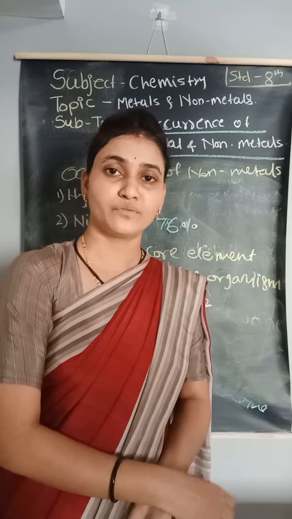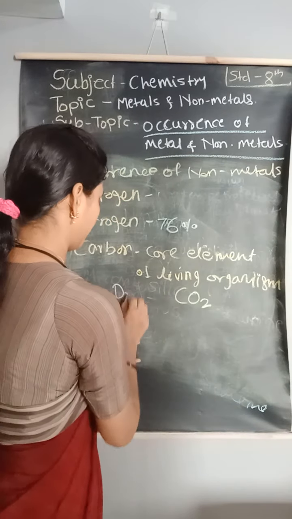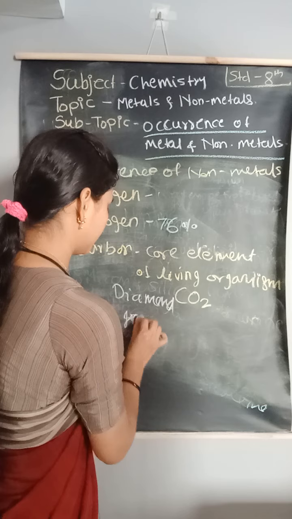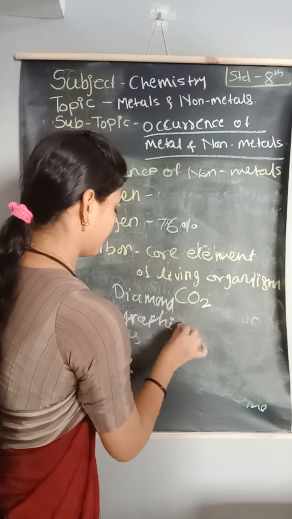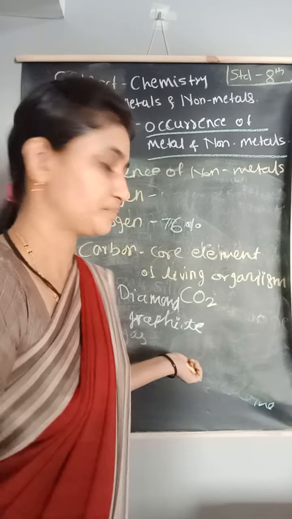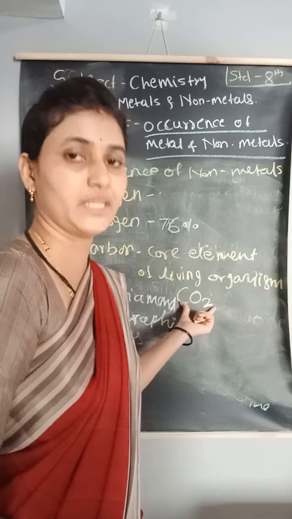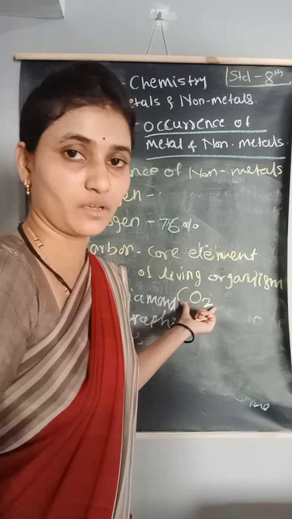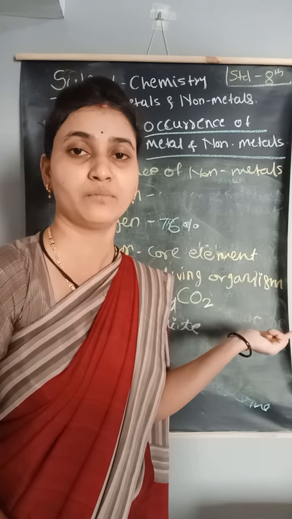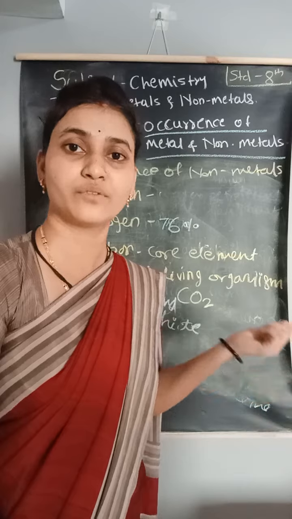The pure forms of carbon are diamond and graphite, and CO2 is the combined form in nature.